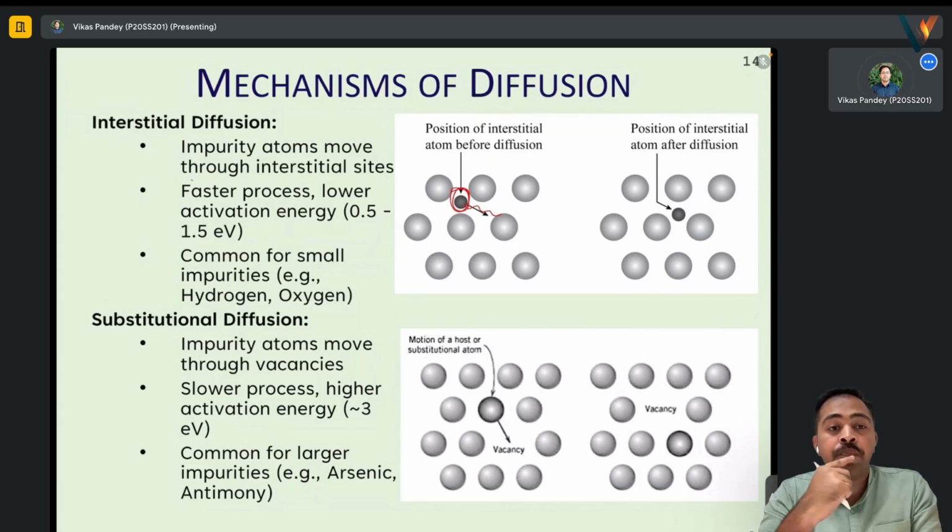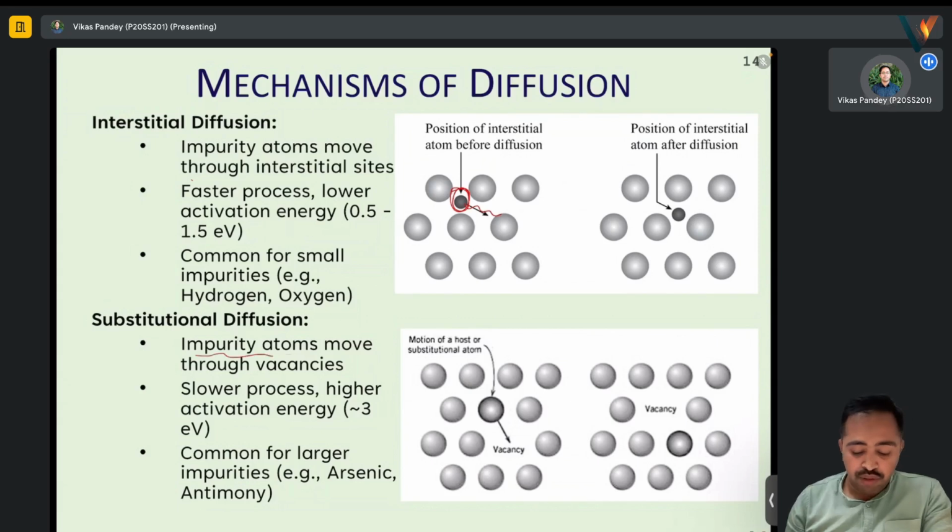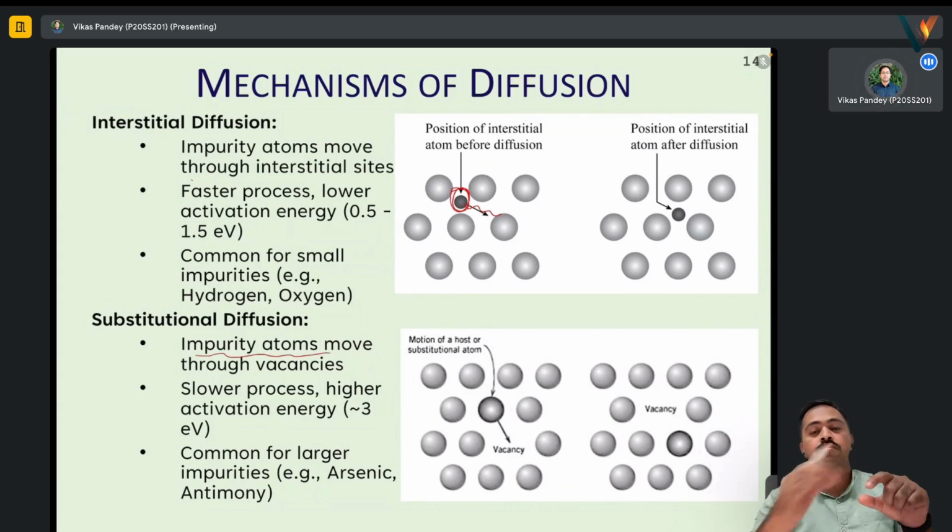Okay, whereas there is another way of diffusion, that is substitutional diffusion. In this case, the impurity atoms move through vacancies. So in a sense, one atom from the lattice moves out or is knocked out, and then it is filled by an impurity.